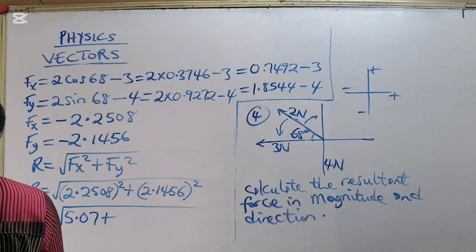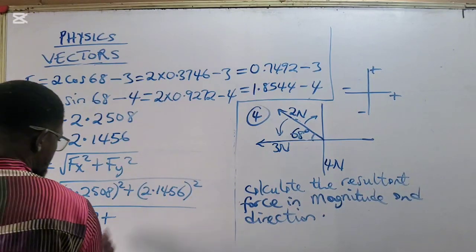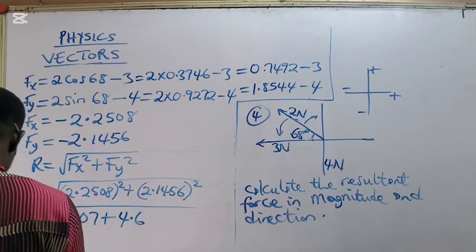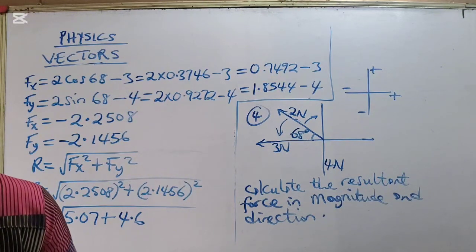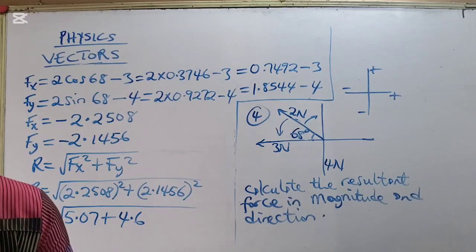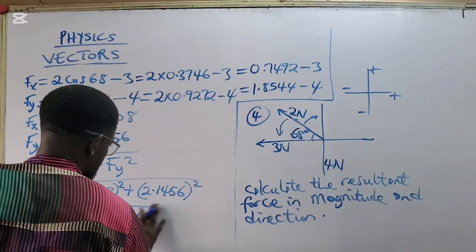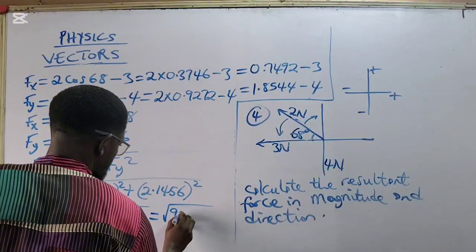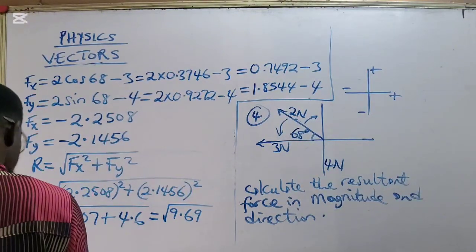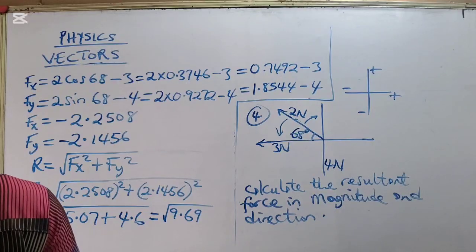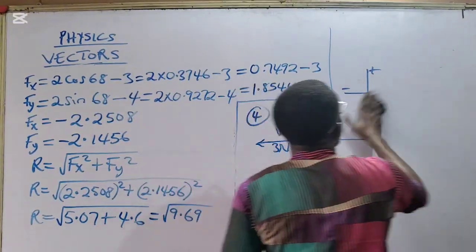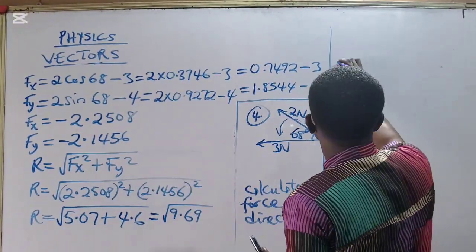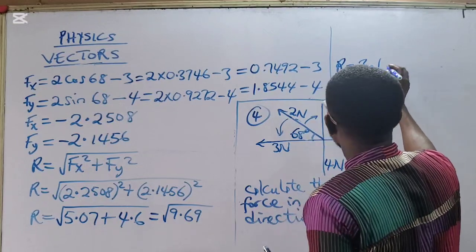So I get 4.6 plus 5.07, which is 9.67. The square root of 9.67 is 3.1. So the resultant is 3.1 newtons.